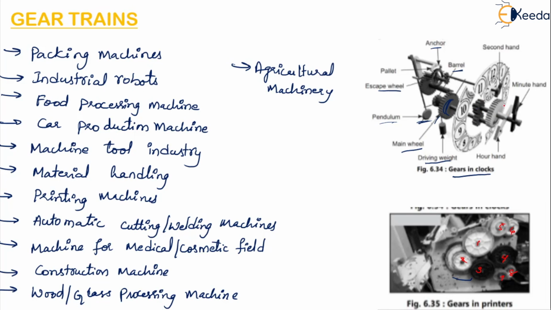So how these gears are helping to run the clock: this is the second hand, this is the minute hand which is connected to this gear wheel, and this is the hour hand. So in our domestic machinery, that is the clock, how the simple gear trains are arranged and how they become useful for running the clocks is shown in this figure.